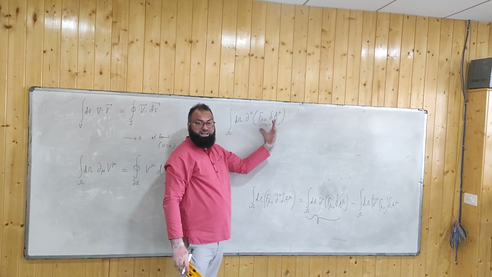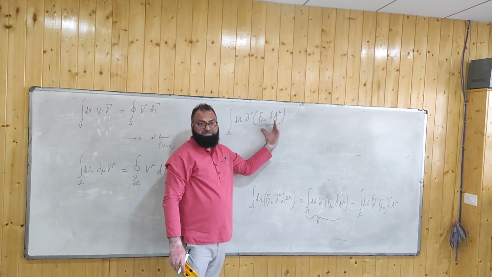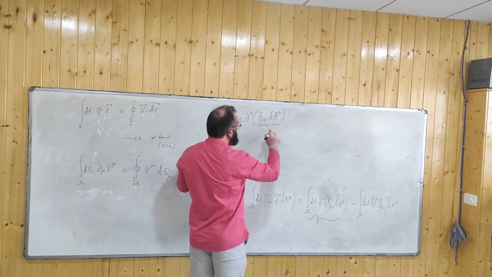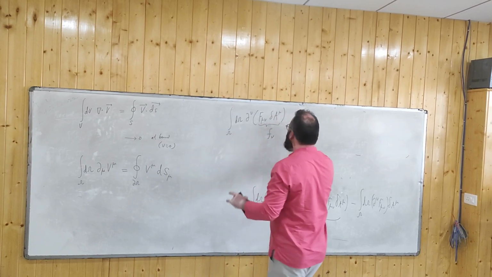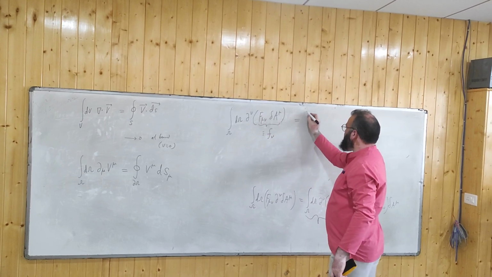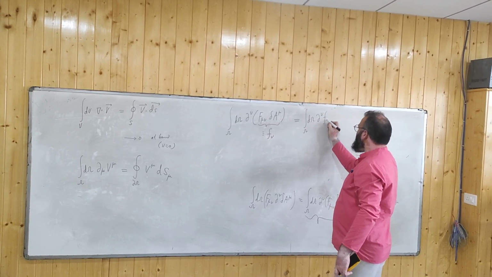Because mu is contracted. How many indices are there? Only one index nu. So let's call this object f nu. So it's simply d omega partial nu f nu. Clear?